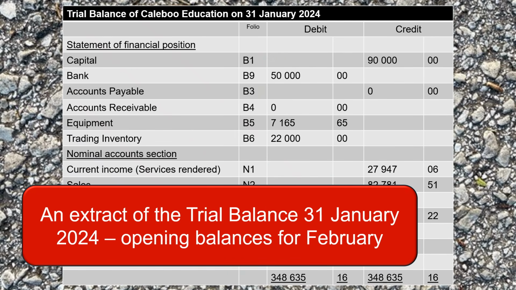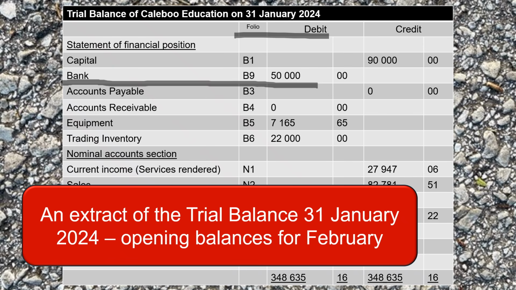Something you always need to look out for when you do general ledger accounts are opening balances. Now what I have in front of me is an extract or a part of a trial balance. The trial balance gives you the balances of all the general ledger accounts on the 31st of January 2024.